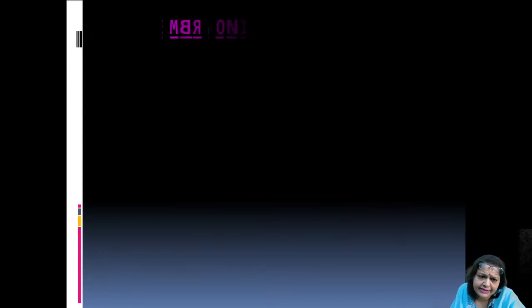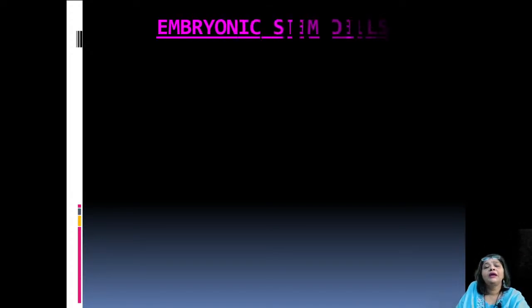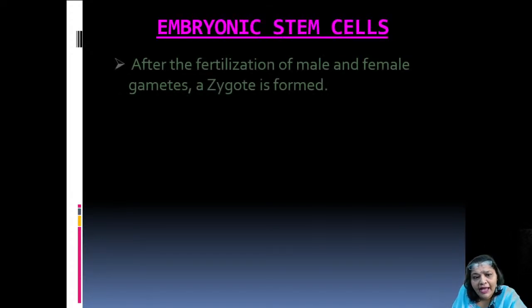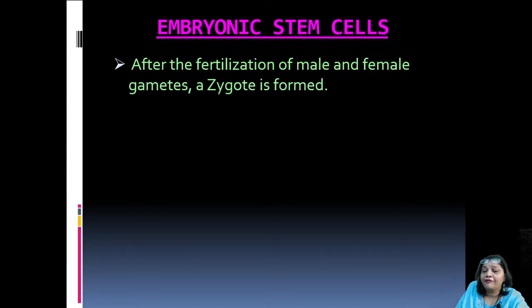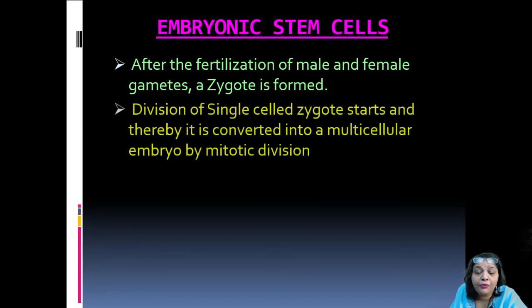What are these embryonic stem cells? Let us just have a look. The embryonic stem cells are actually the cells which are formed when the zygote, formed by the fusion of male and female gametes, divides and redivides. The zygote divides and redivides to form a group of cells called the morula, right?